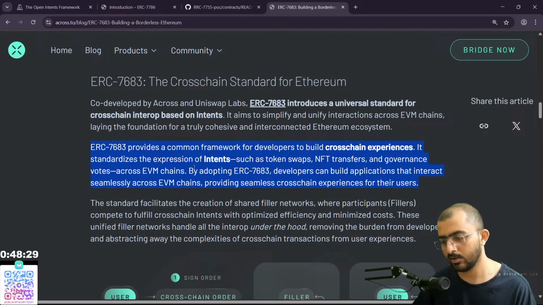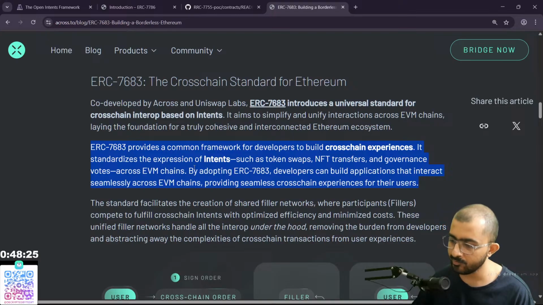ERC-7683 provides a common framework for developers to build cross-chain experiences that standardizes the expression of intents such as token swaps, NFT transfers, and governance votes across EVM chains.